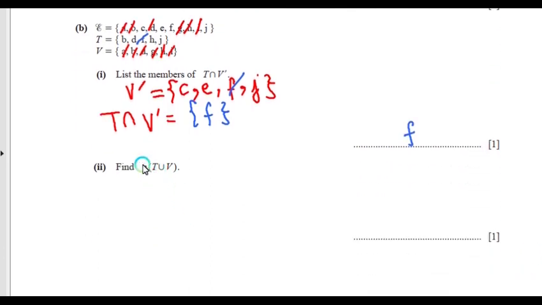Next, find x, where small n represents the number of elements of T union V. So first of all, we're finding the T union V set.